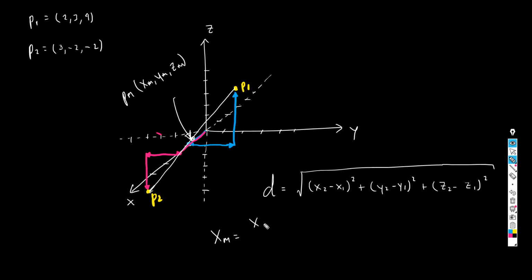Xm is going to be equal to x1 plus x2 over 2. Ym is going to be y1 plus y2 over 2. And zm will be equal to z1 plus z2 over 2. Okay, and in all of these formulas, what does x1, x2, y1, y2, z1, and z2 mean? They mean the coordinates of my points.